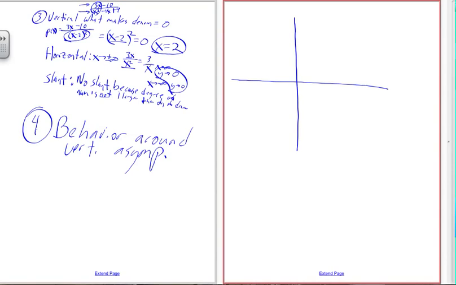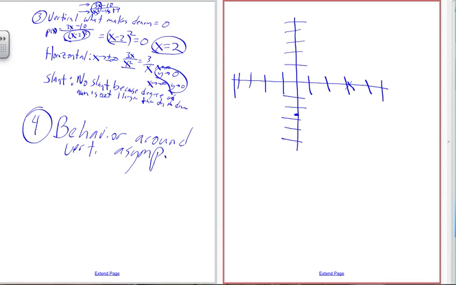We know that our x-intercept was 10/3, or 3 1/3, so it's going to have to go through this point about there. And my y-intercept was negative 2.5, so it's going to have to go through this point also.